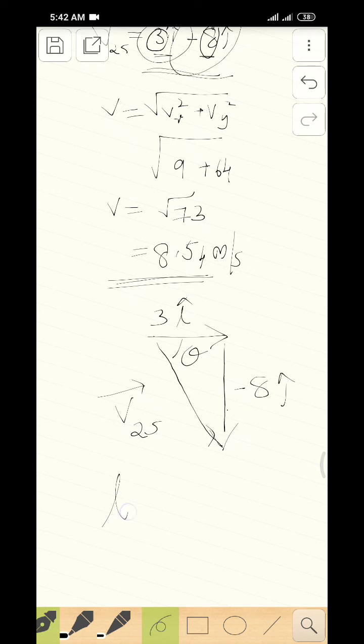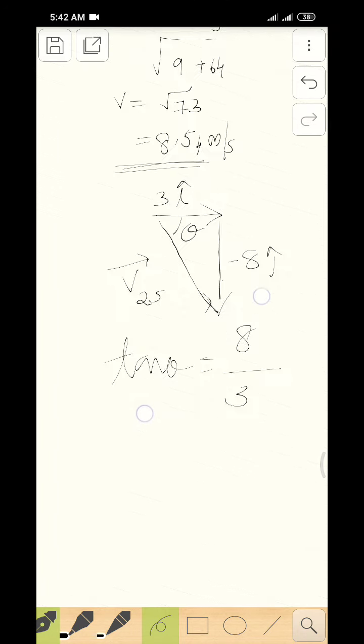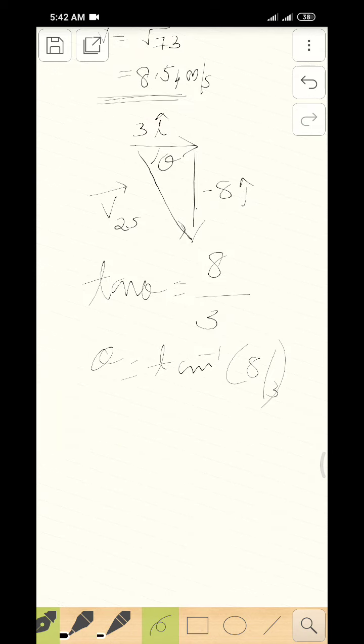So tan theta is equal to 8 divided by 3. So theta will be tan inverse of 8 divided by 3. By substituting the values and solving, you can obtain theta as 69.5 degree.